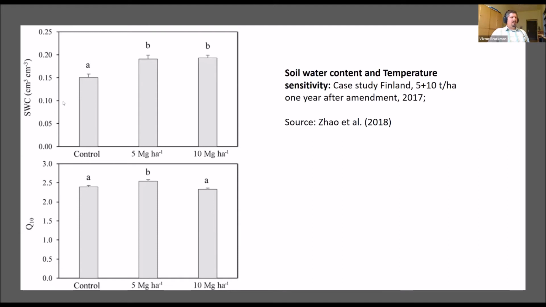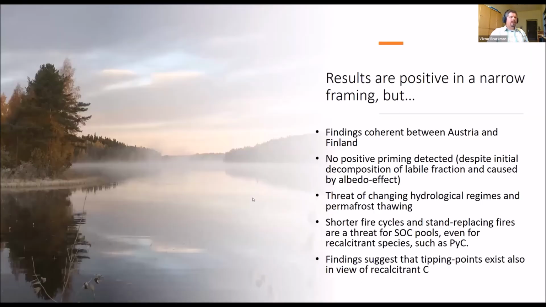While biochar, because it's a porous structure, increased soil water content, we didn't really see a main difference in temperature sensitivity. Interestingly, it was higher at 5 tons, but at 10 tons it was close again to the control. We couldn't really explain this, and we have to look at this in more detail.